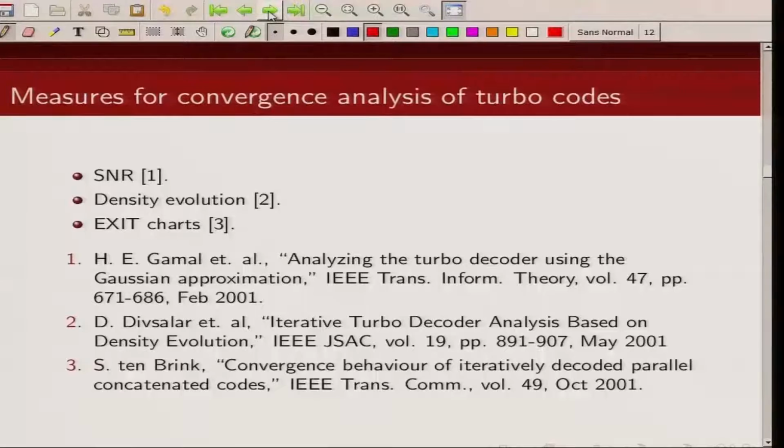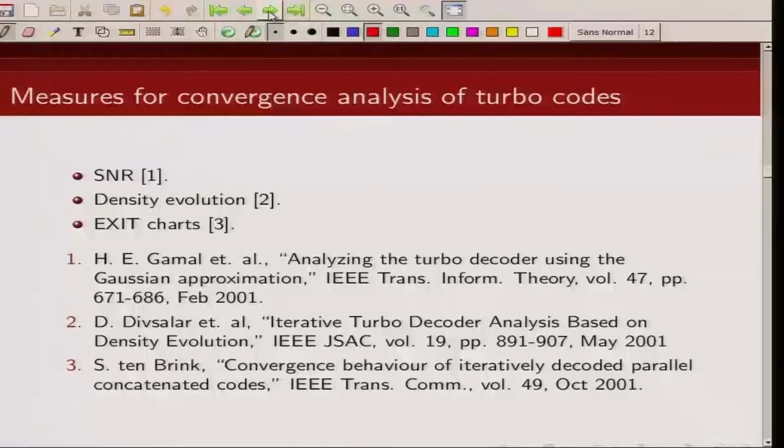So, as I said, there are three popularly known techniques for convergence analysis, and the idea of these techniques is that they track one parameter related to the extrinsic information and track the same parameter related to the a priori information.